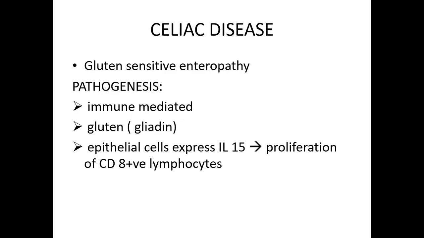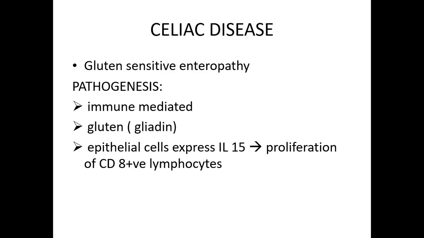HLA-DQ2 or HLA-DQ8 on the antigen presenting cells. And then it is presented to the CD4 positive T cells. These T cells produce cytokines which lead to tissue damage and characteristic mucosal microscopy.